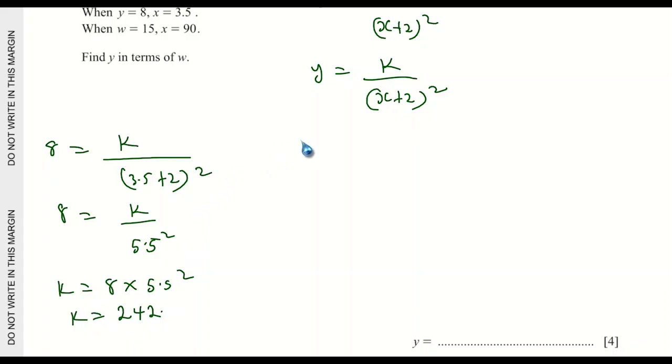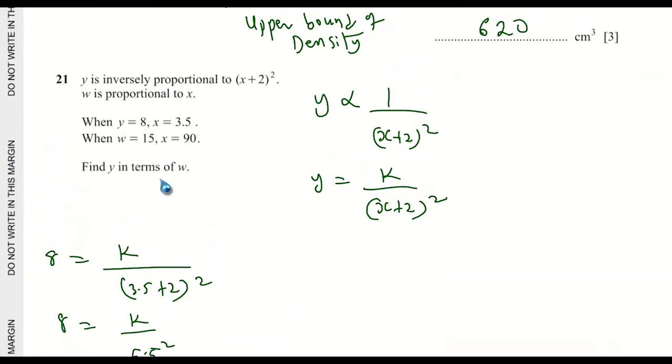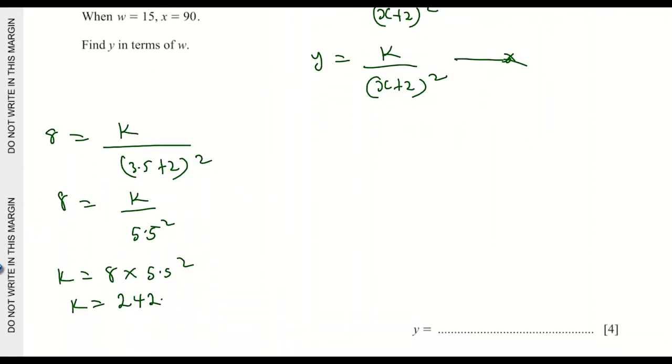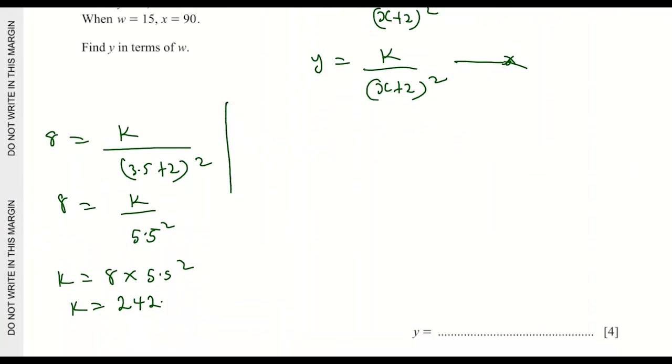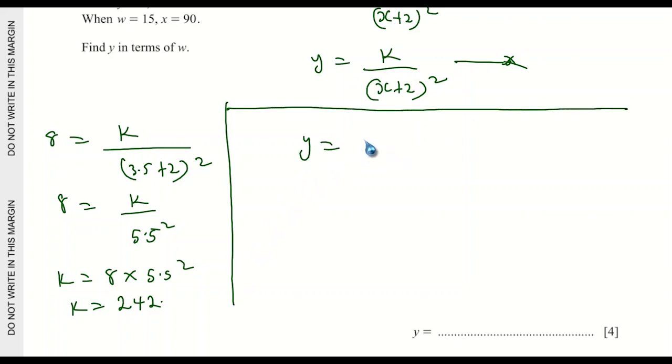So that means this equation here, we change to this particular one. So y equals, let's demarcate it, the value of k is now 242 over x plus 2 all squared.